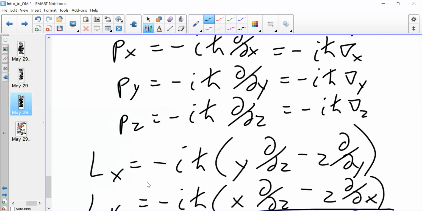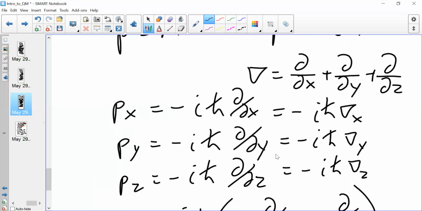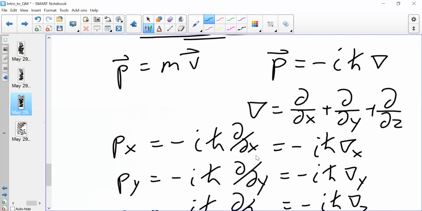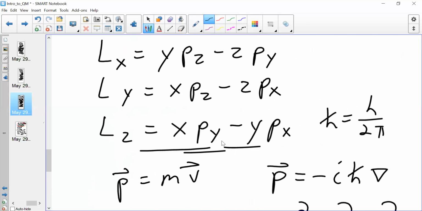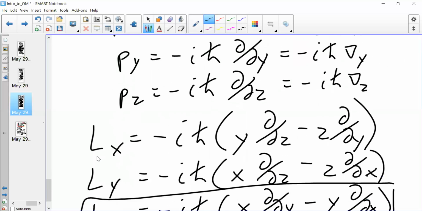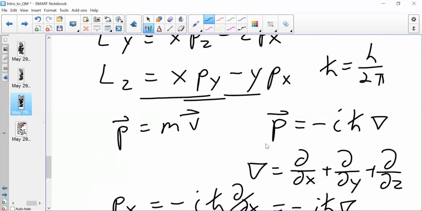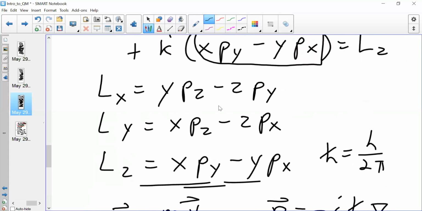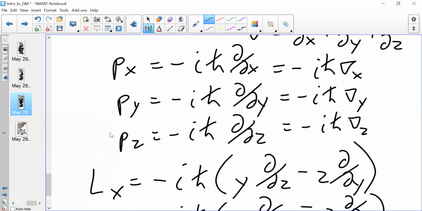So we have Lx equals negative i h-bar, y pz, where pz is equal to negative i h-bar del z.